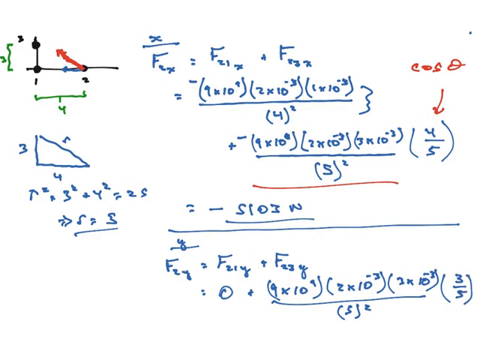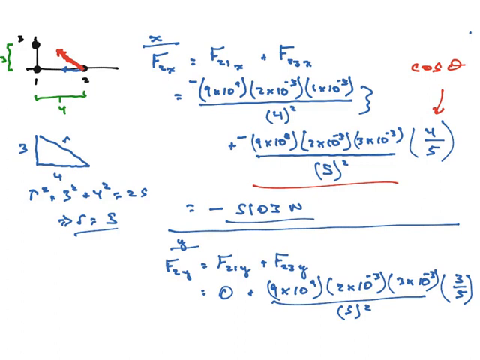Okay? Now remember, 4 over 5, 3 over 5, that's how you get cosine theta and sine theta for these distances. If I have some other problem where the distances are not 3, 4, and 5 anymore, then I have to use those numbers instead. So don't just memorize cosine of theta is 4 over 5.